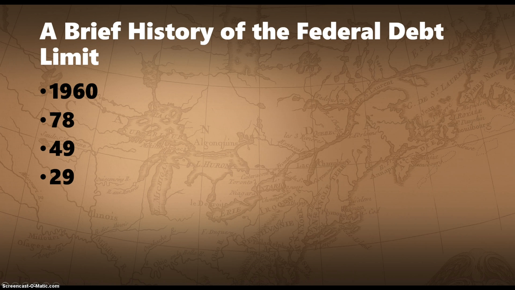Here, I'm going to introduce the history of the debt limit. Congress has always acted when called upon to raise the debt limit. Since 1960, Congress has acted 78 separate times to permanently raise, temporarily extend, or revise the definition of the debt limit, 49 times under Republican presidents and 29 times under Democratic presidents.